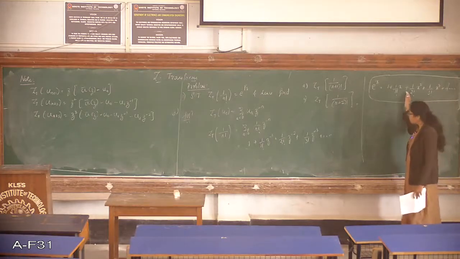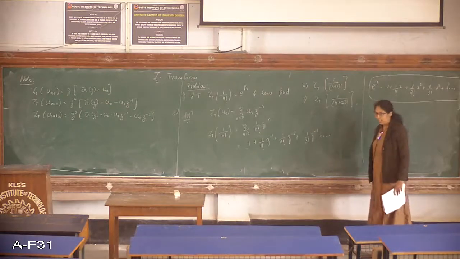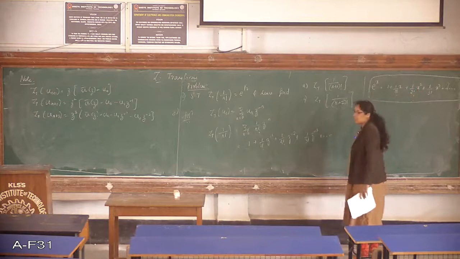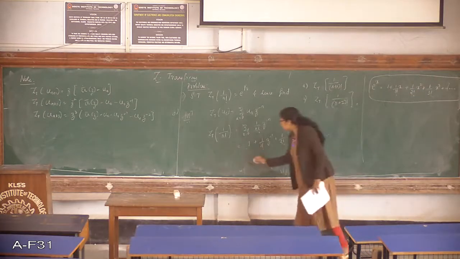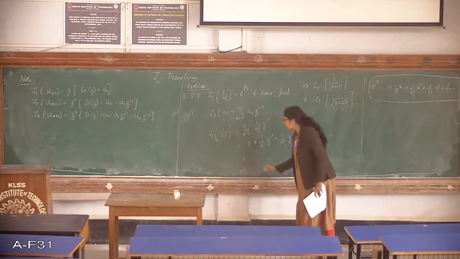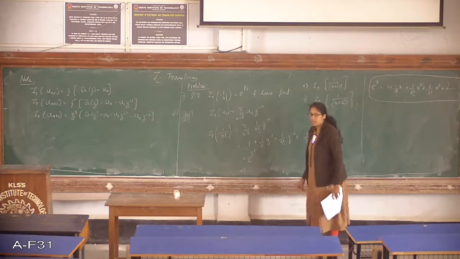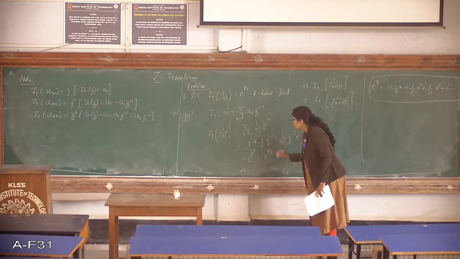Now if you compare these two, wherever we have taken it as x, here I have got it as z raised to minus 1. So this will be nothing but e raised to z raised to minus 1, or z raised to minus 1 is nothing but e raised to 1 by z.